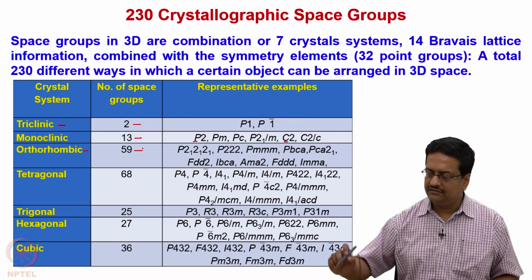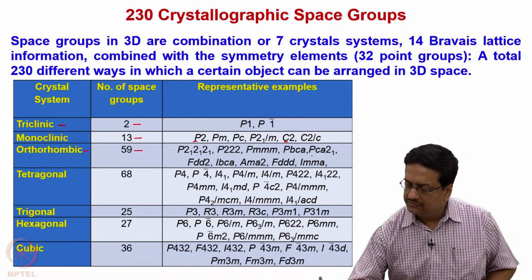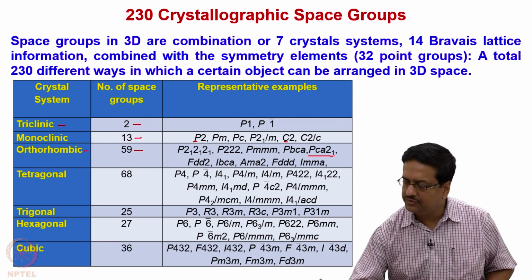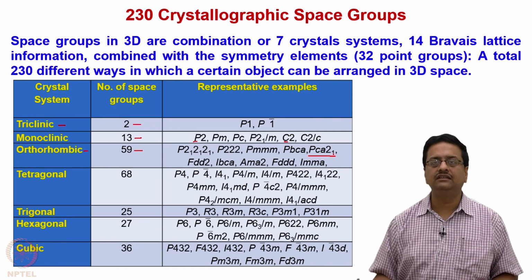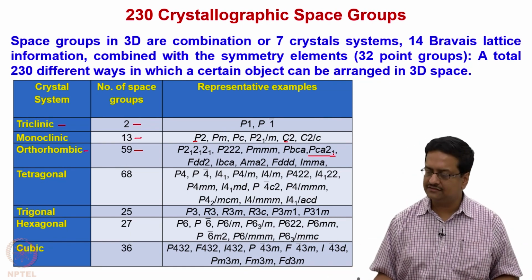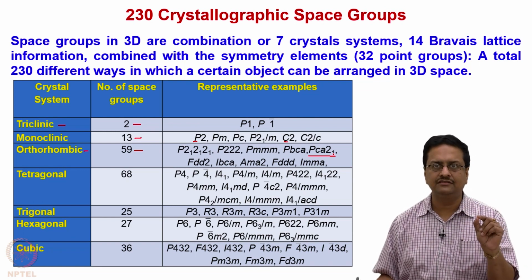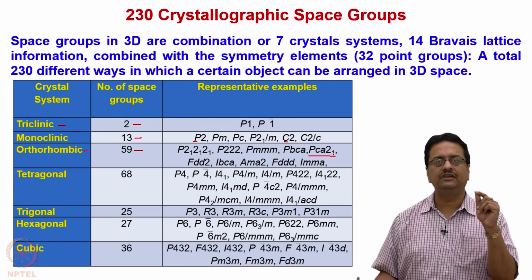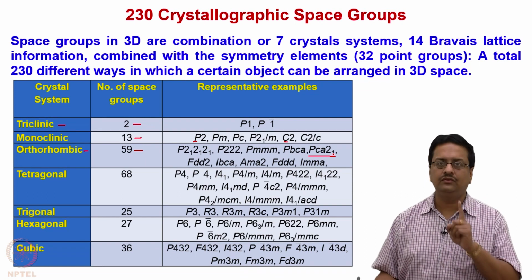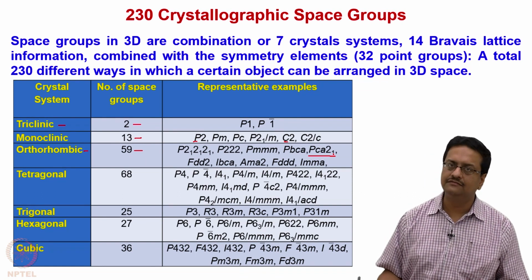So when we say, for example, a space group PCA21, it means it is a primitive lattice having a C glide perpendicular to x, an A glide perpendicular to y, and a 2-1 screw parallel to z.